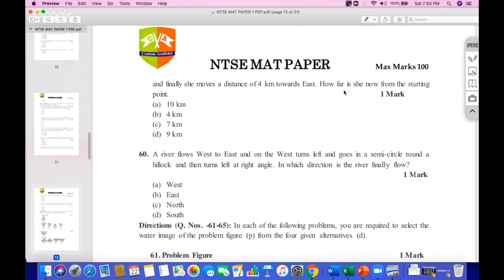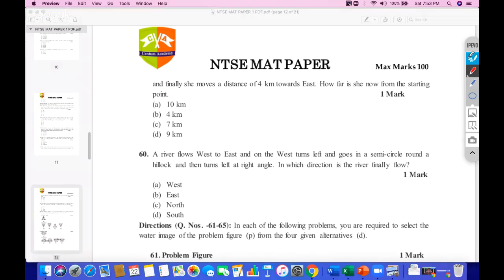Question number 60, answer is B. Let me solve it and then finish off the class. A river flows from west to east. So it is flowing from west to east, and on the west, so here, turns left, goes in a semicircle round a hillock.